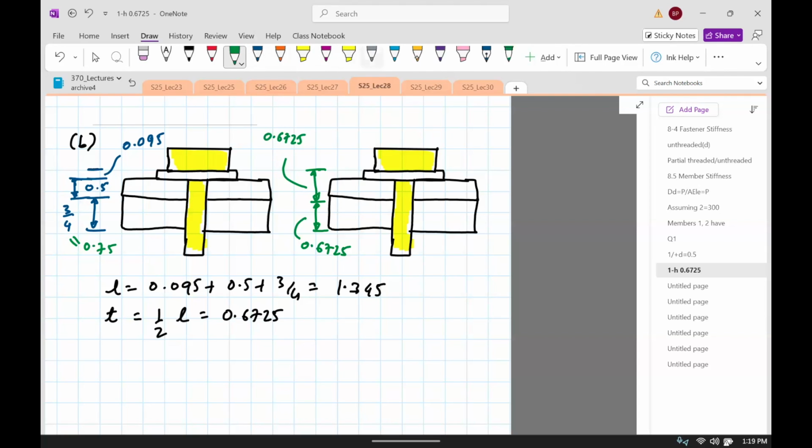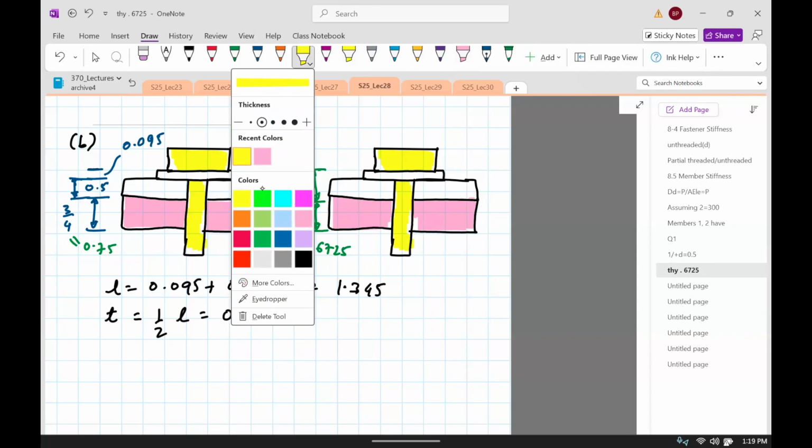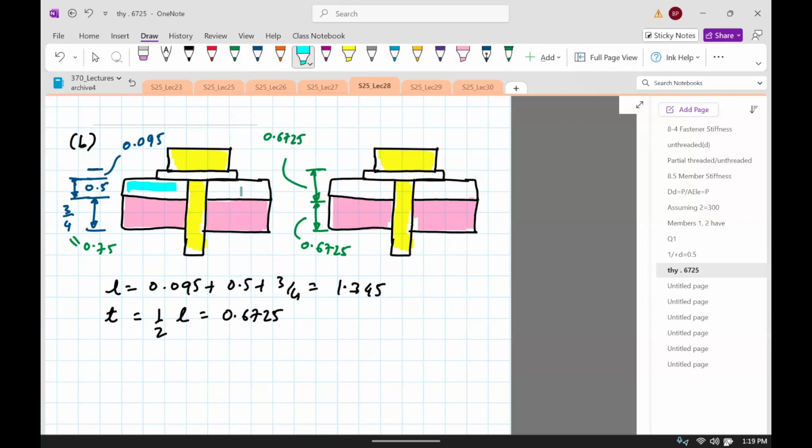Okay, and something about the material, we know that this material is gray cast iron. Okay, so material here. And then we know that the top material is steel. So this part is steel.